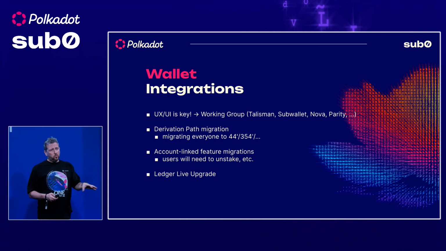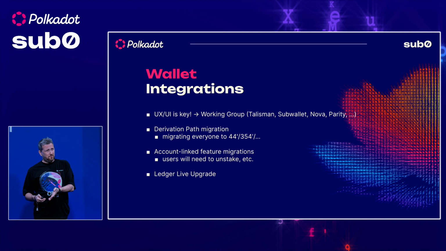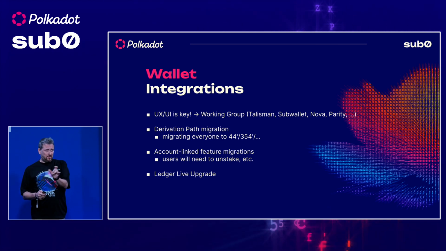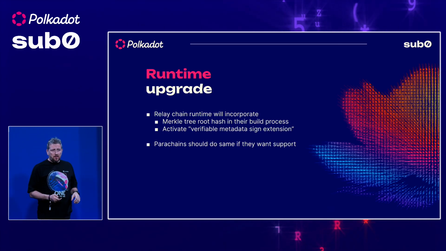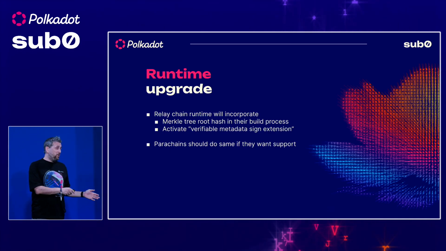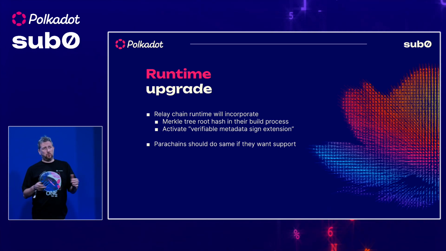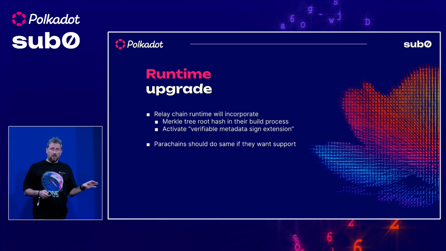And there is other work on wallet integration being done in Ledger Live that will also have to adjust to this verifiable metadata message that needs to be attached to the blob to sign. There is another piece of work that we are also coordinating, but is completely out of our control: the runtime upgrade.